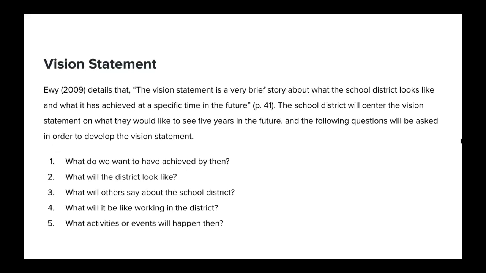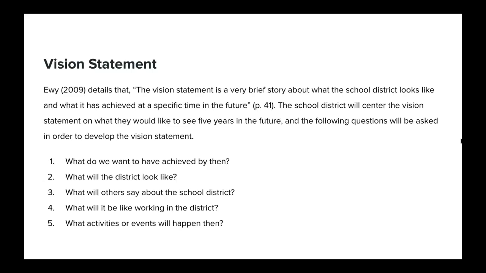Our next piece is the vision statement. Now, UE details that the vision statement is a very brief story about what the school district looks like and what it has achieved at a specific time in the future. So that's where that word vision comes in. So the school district, we will center the vision statement on what we'd like to see in 5 years.